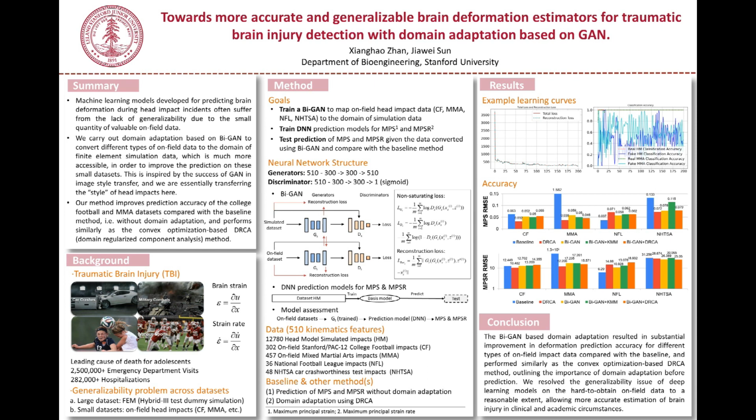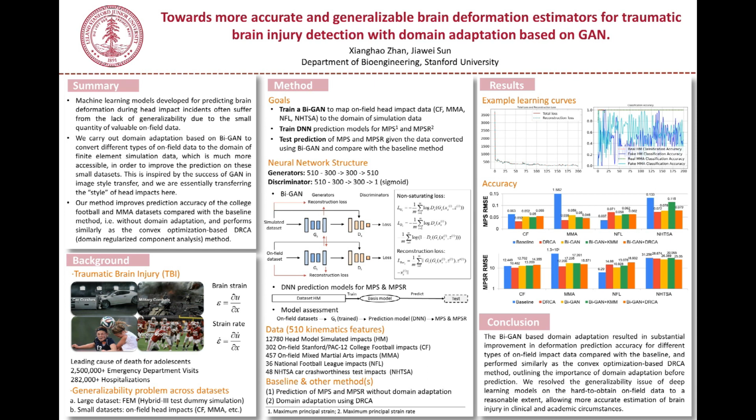The bi-GAN approach generally improves the accuracy and performs similarly to the convex optimization-based domain regularized component analysis, the DRCA. And on top of the bi-GAN, we added the kernel mean matching, the KMM, and DRCA to further address the potential distributional drift after data generation. And the accuracy is also like DRCA and better than the baseline.